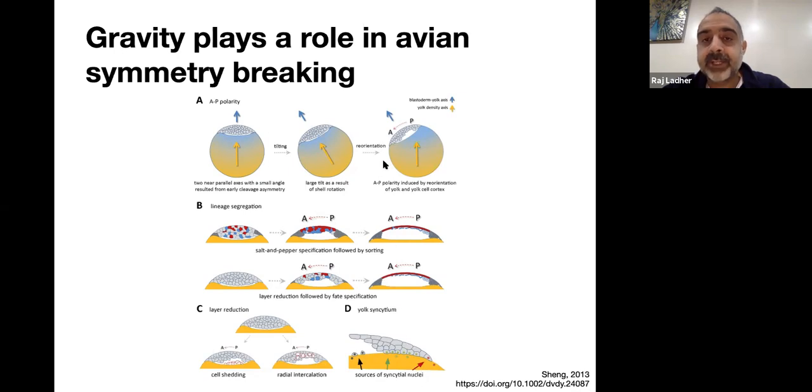You can imagine that if there is a slight enrichment of yolk on one side versus the other, we'll start getting asymmetries, maybe even metabolic asymmetries across the embryo, which may feed into patterning the embryo.